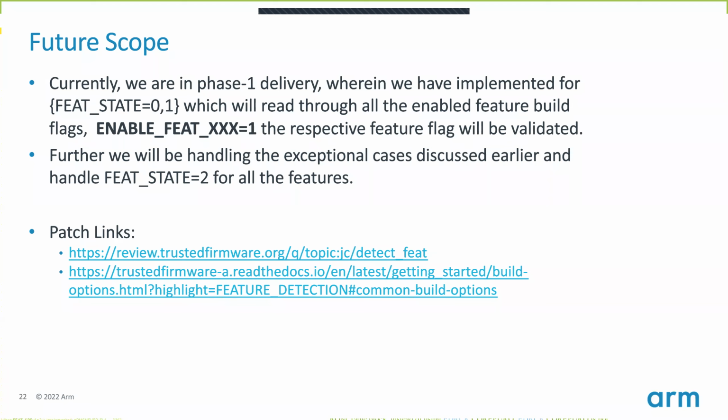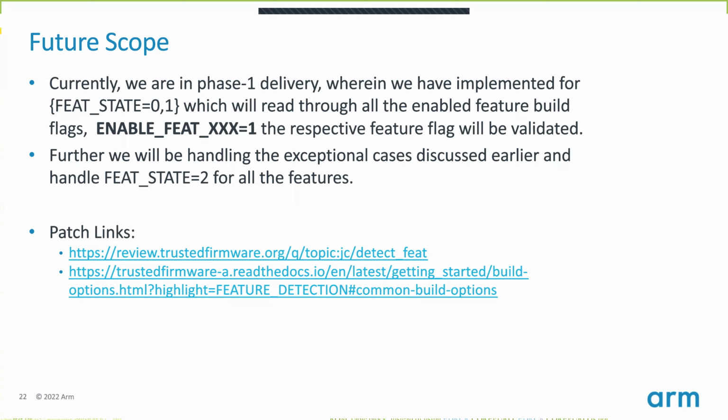And the entire feature can be completely removed from the binary by disabling the feature detection macro. Is my understanding correct? Yes, yes. Okay. The only thing is that in future, we will be enabling this feature detection mechanism.